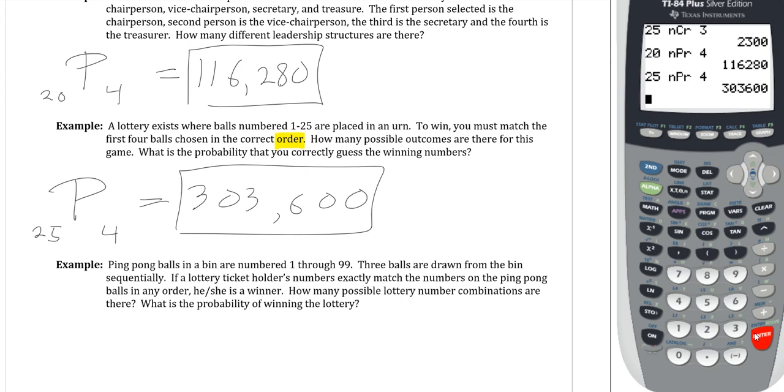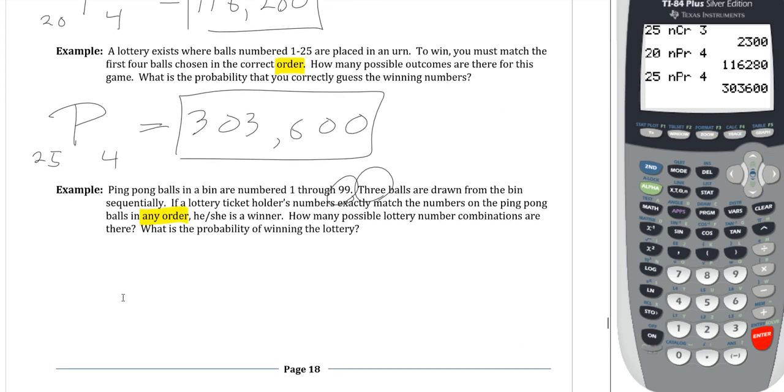Lastly, ping pong balls in a bin are numbered 1 through 99. 3 balls are to be drawn from the bin sequentially. If a lottery ticket holder's numbers exactly match the numbers on the ping pong balls in any order, he or she is the winner. Since we know that this is in any order, then we can solve this by doing a combination.